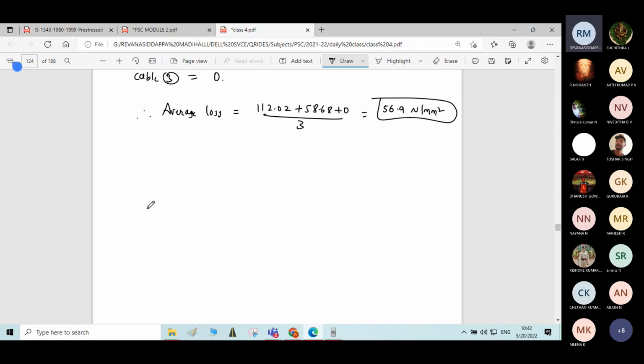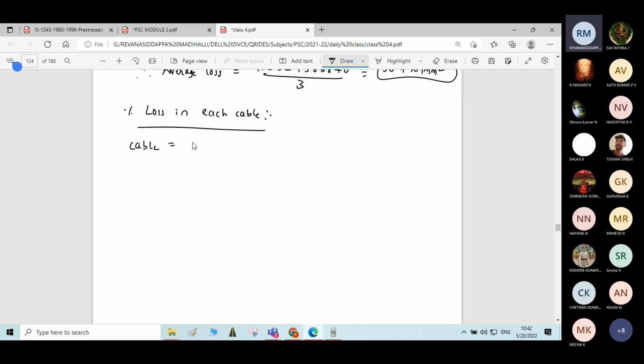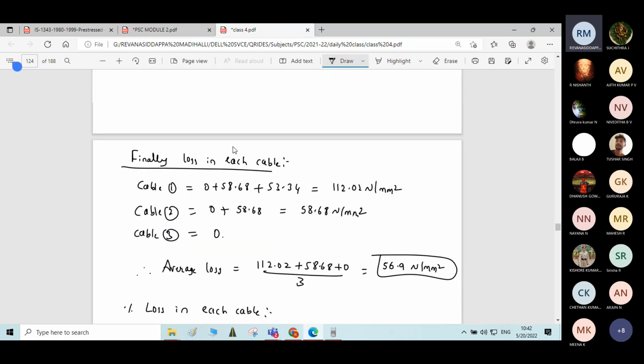And you can also calculate the percentage loss in each cable. For cable 1, total loss is 112.02 Newton per mm square out of the initial stress.